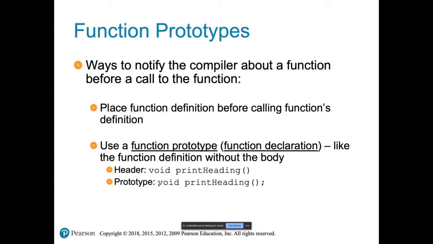But if you have it after main, the curly braces, you must define a prototype. And that's what they're talking about right here. Ways to notify the compiler about a function before a call to this function: place the function definition before calling the function.